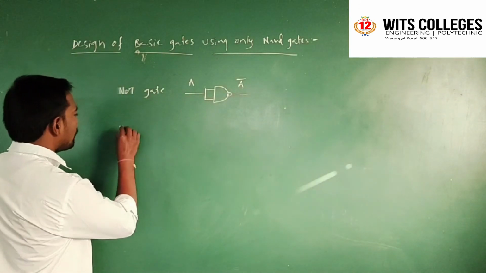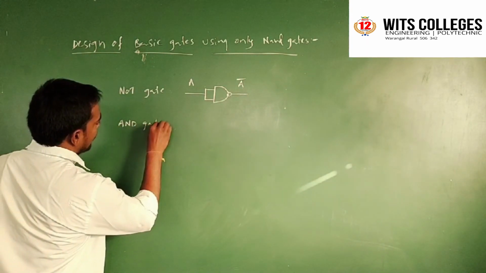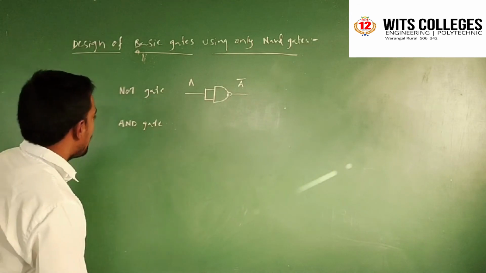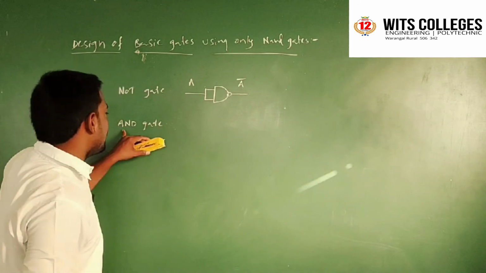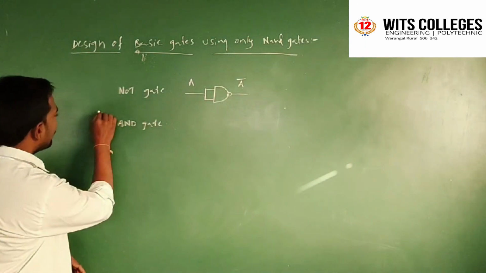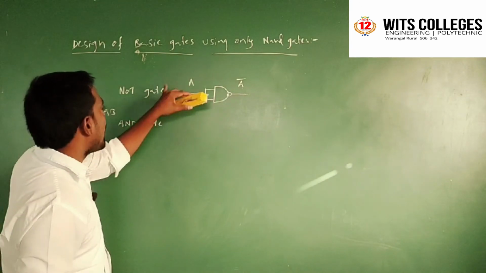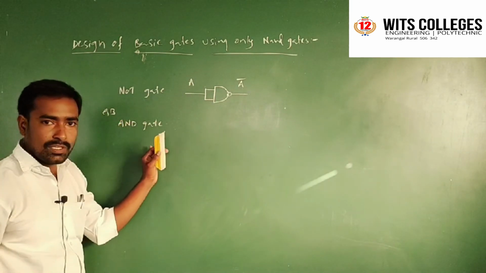And coming to the next one, that is the AND gate. The AND gate performs the operation A into B, and the NAND gate gives A into B whole bar.